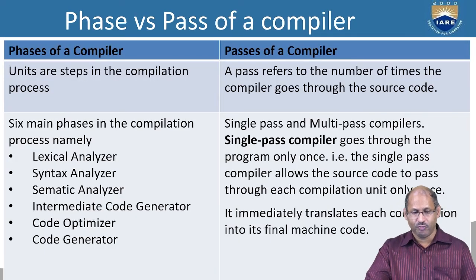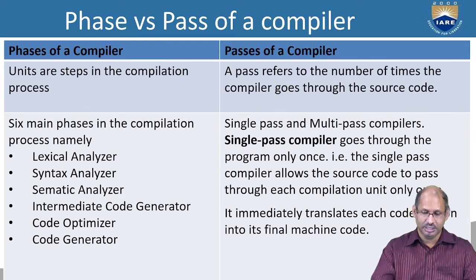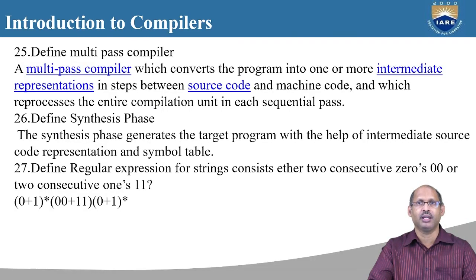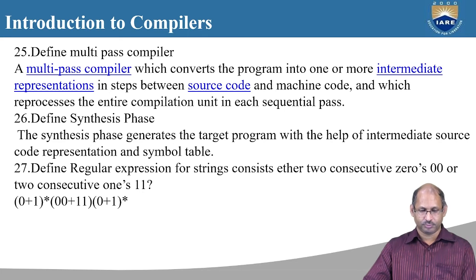So there might be one pass compilers or two pass compilers. So these are the different phases of a compiler. Then pass we refer to as single pass compiler or two pass compiler. Define multi-pass compiler.